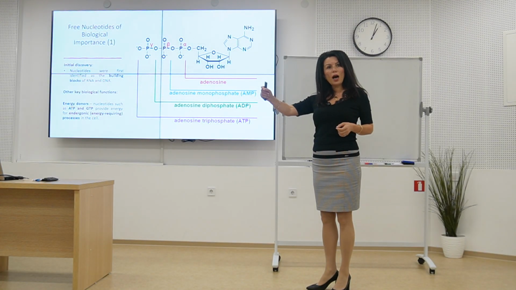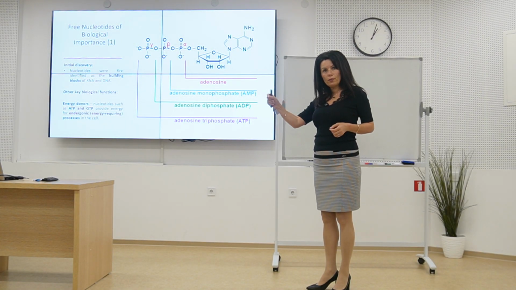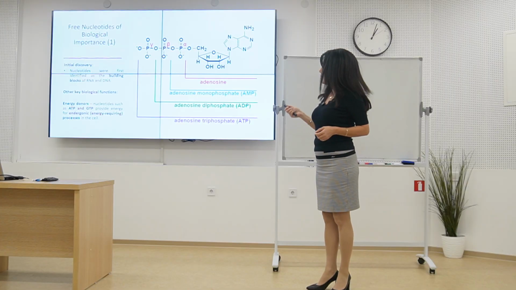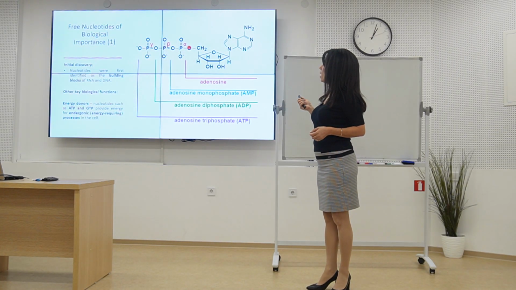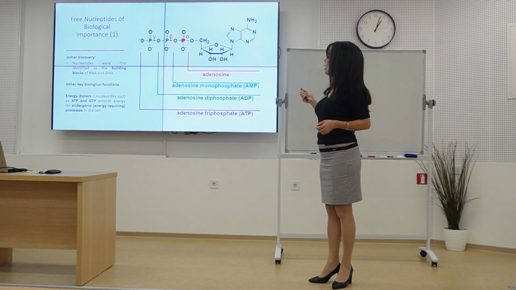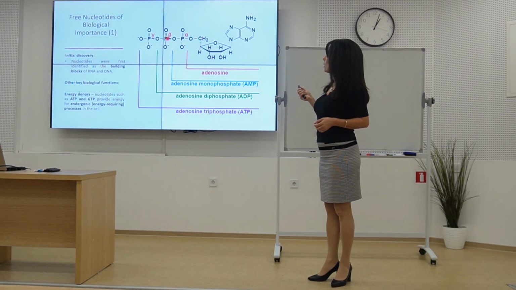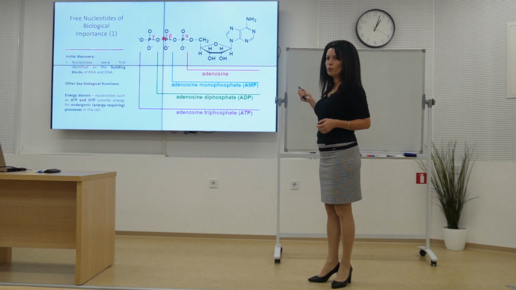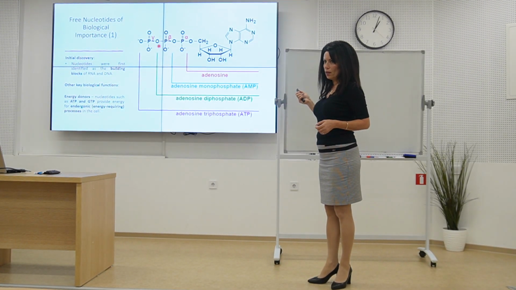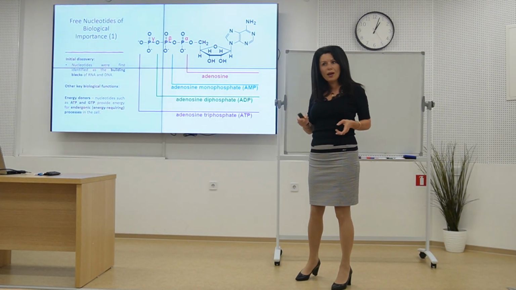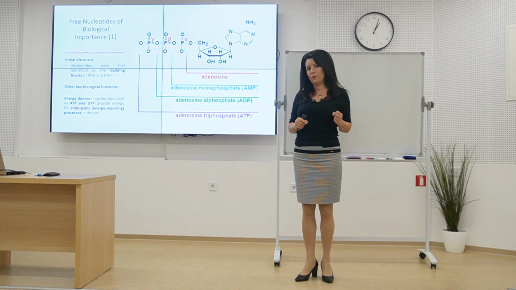Each of these phosphate atoms has a specific name. The first is called alpha phosphate, and the corresponding bond is called alpha. The second one is called beta phosphate, and the bond is called beta. And the third one is called gamma, and the corresponding bond is gamma.